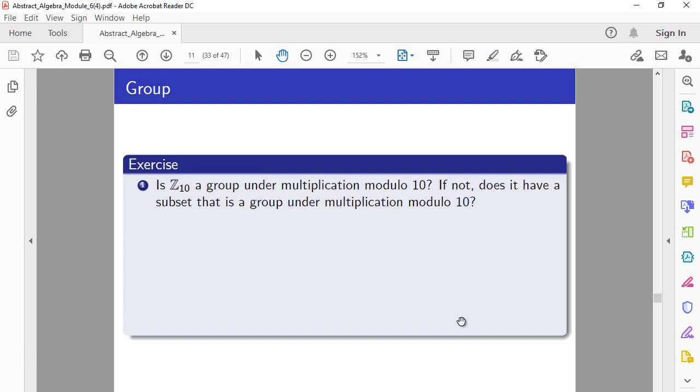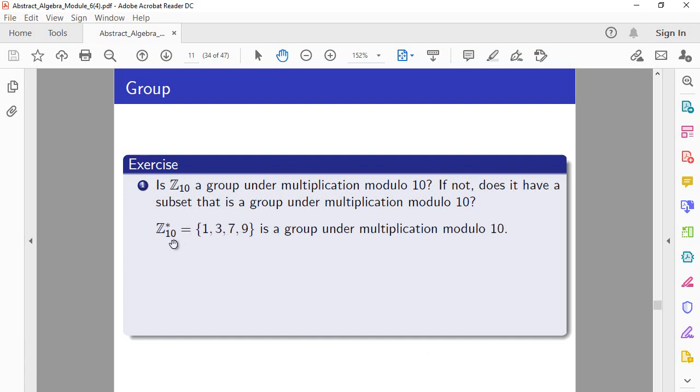Is Z10 a group under multiplication mod 10? If not, does it have a subset that is a group under multiplication mod 10? Well, Z10 is not a group under multiplication modulo 10 because, for example, the number 2 doesn't have a multiplicative inverse in Z10.